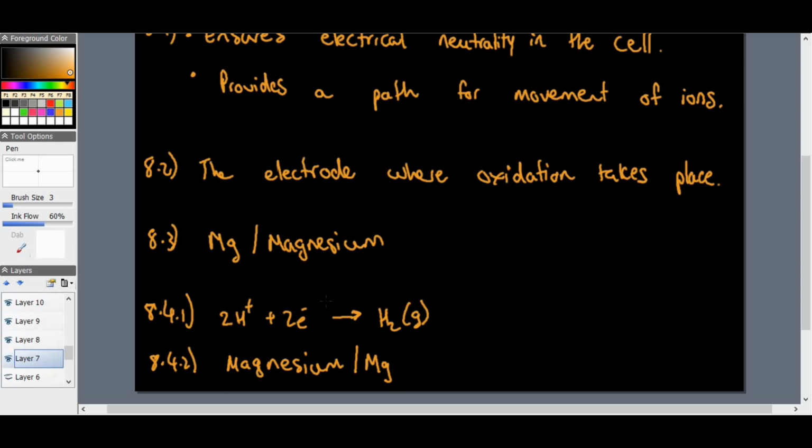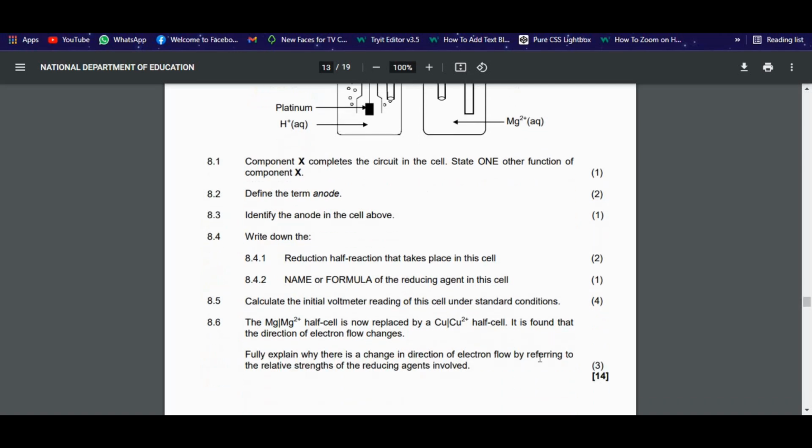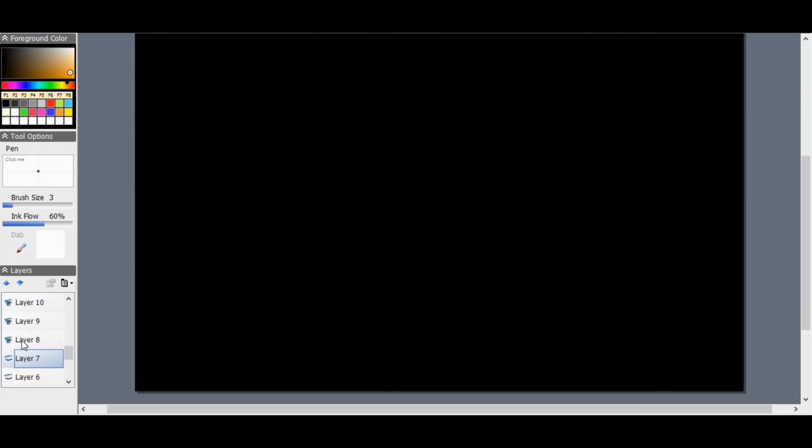All right, let's find out the next question before we change layers. They asked for cell potential, I think, at 8.5. Calculate the initial voltmeter reading of the cell under standard conditions. Okay, so we know exactly the two substances that we are working with.